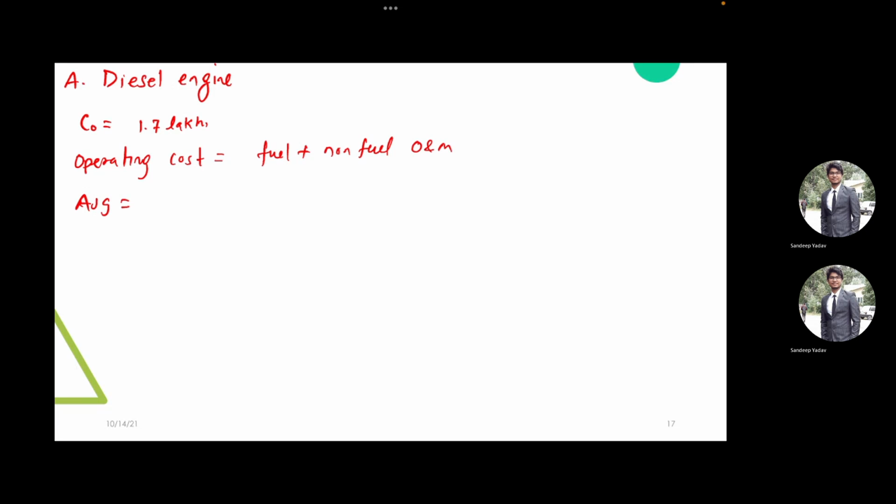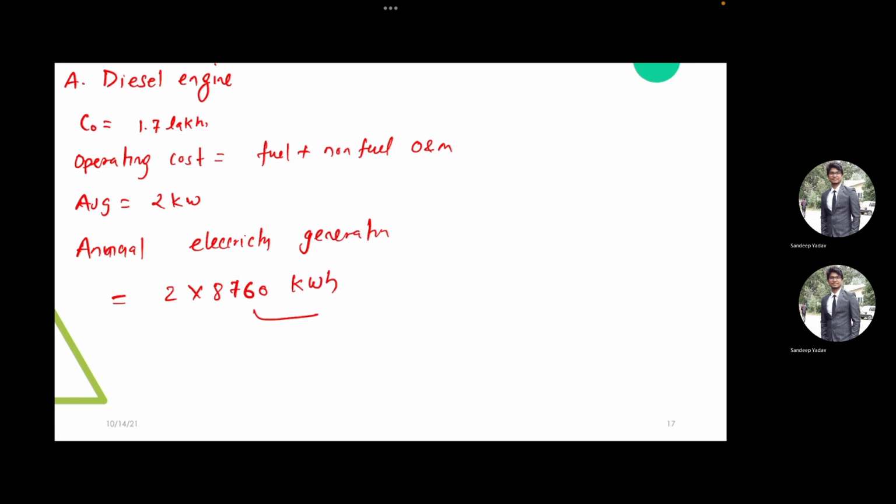Average is given 2 kilowatt. So in that case we have to calculate annual electricity generation, that we will need average. That will remain same for both the cases. So annual electricity generation will be 2 into 8764 kilowatt hour. So how we have calculated this?